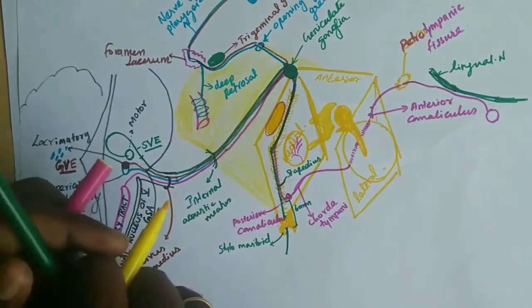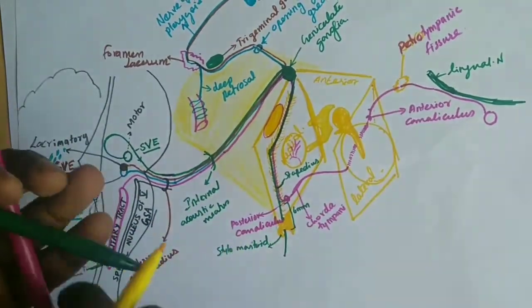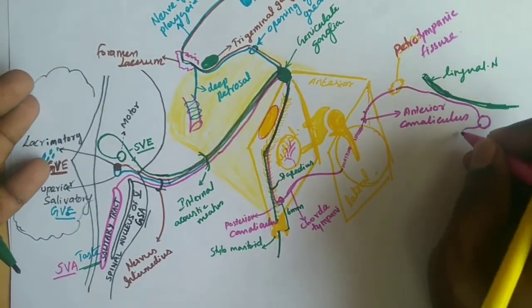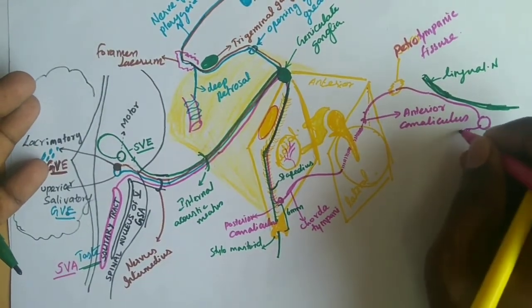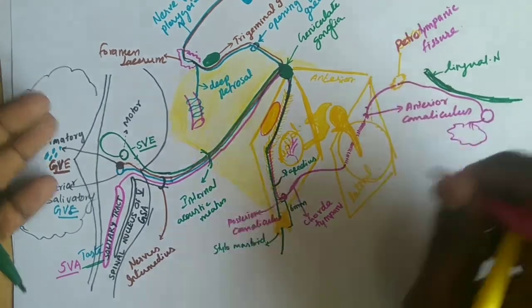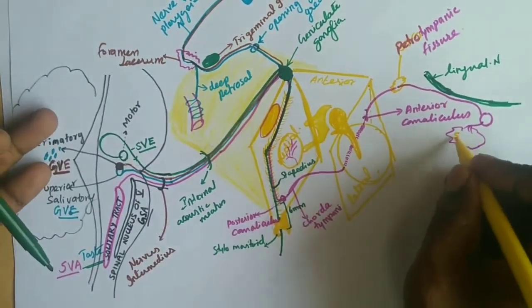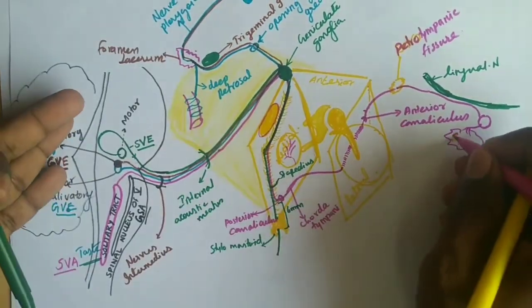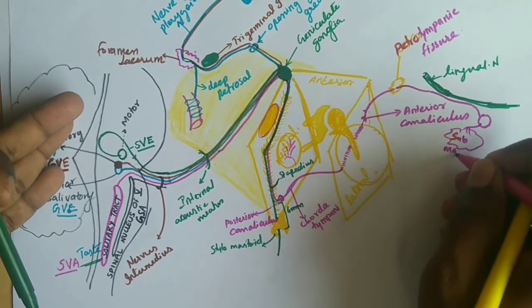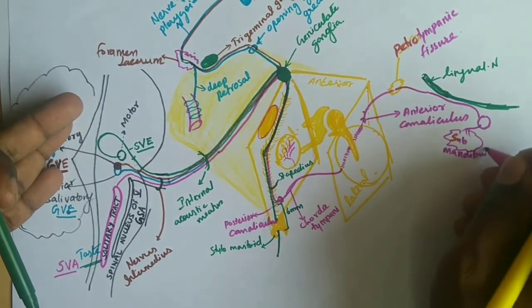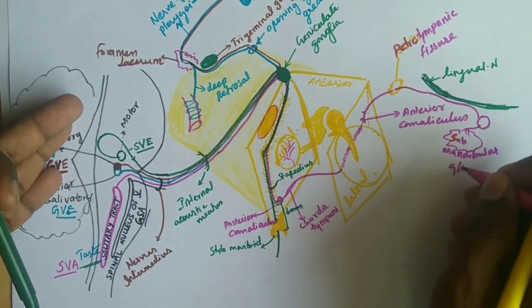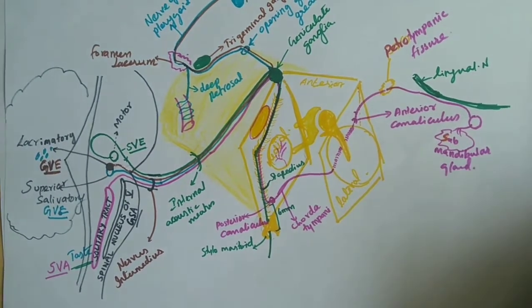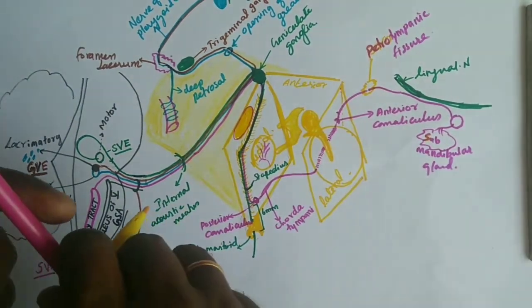So to relay in the submandibular ganglia, from there the fibers will come out of the submandibular ganglia to supply the submandibular gland. So it is carrying the secretomotor fibers to the submandibular gland.